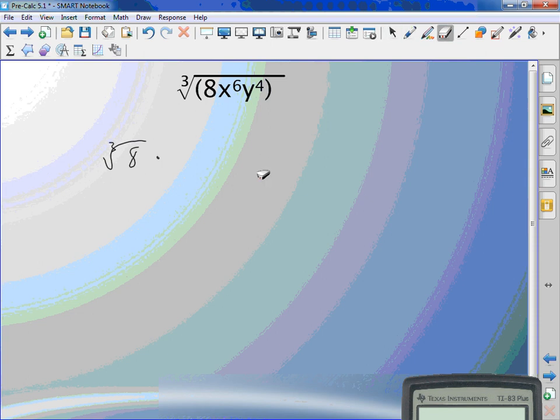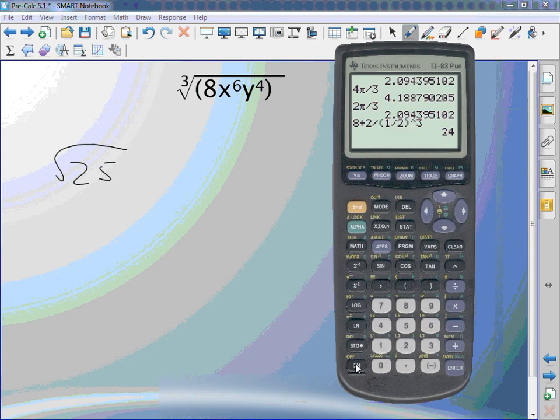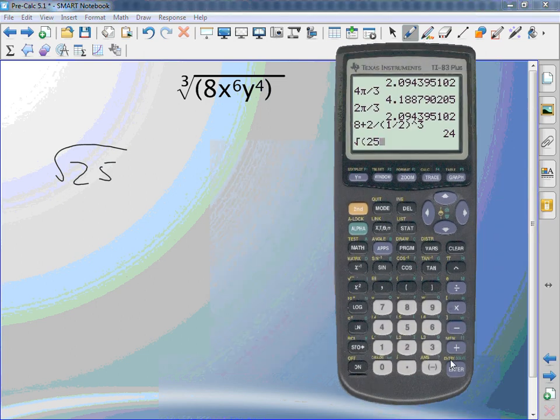Actually, I'm not going to write it like this. Square root of 25. You know the answer is 5. In the calculator, I could just type square root 25. What's another way I can type it into the calculator?